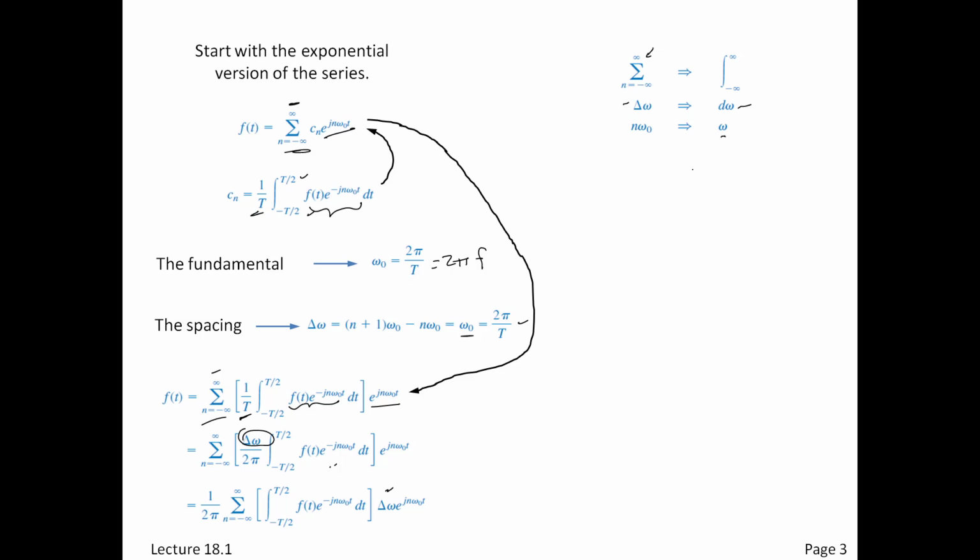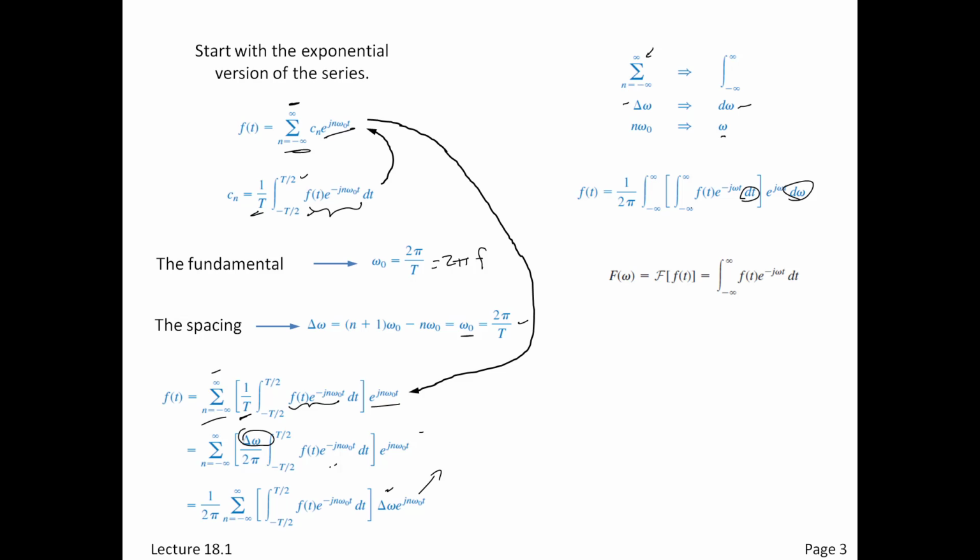Plugging that into our original f of t, working from the bottom here, we have our 1 over 2 pi, the summation is replaced by an integral, so we've got an integral of dt and now an integral of dw.